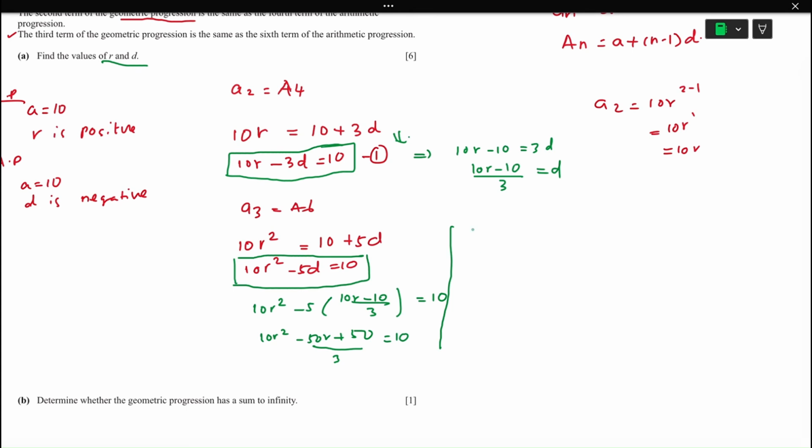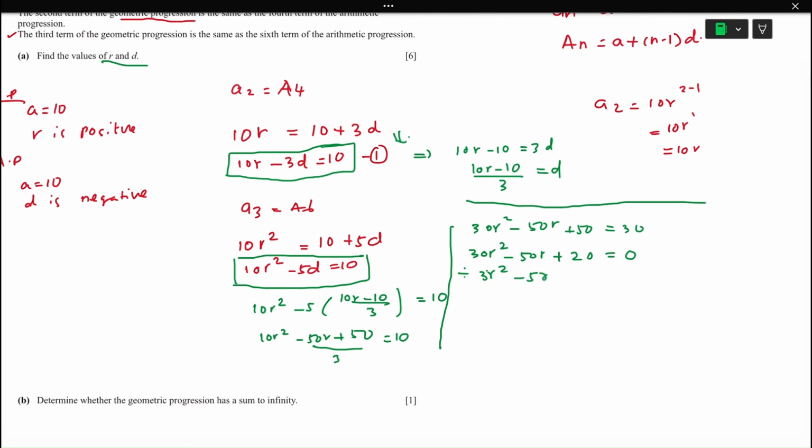I'll take LCM. Left side 30r square minus 50r plus 50 equal to 30. I'll bring 30 to this side, so it becomes plus 20 equal to 0. So I'll divide the entire equation by 10: 3r square minus 5r plus 2 equal to 0.